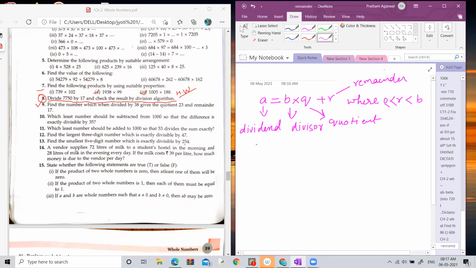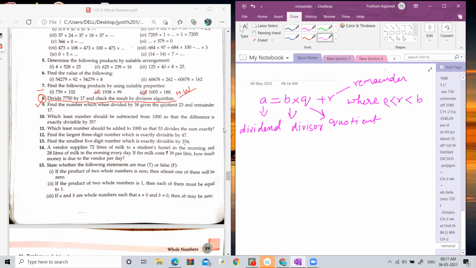So according to this, dividend equals divisor into quotient plus remainder. This formula we have to apply in this question. Okay, let's see how to do it. First of all, we have to divide 7,750 by 17 and then check it by this formula.